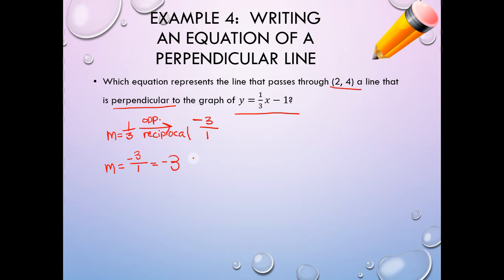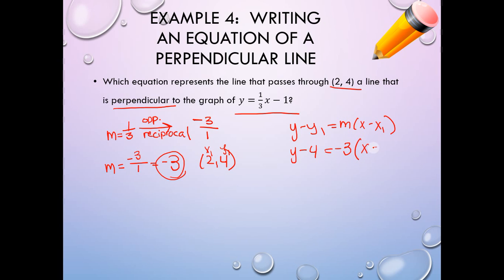And they gave me my point of (2, 4). So I'm going to use point slope form again. Like that. And let's plug in. So this is x1, this is y1, so my y1 is 4. I found m to be -3. x minus x1, which is 2.